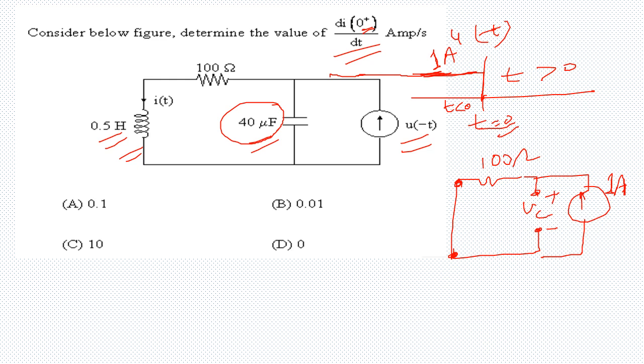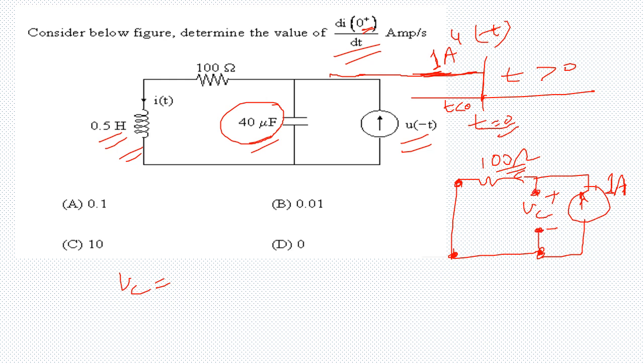Now we can calculate our VC, the voltage across the capacitor. This current source will deliver current across this 100 ohm resistor, so the voltage drop is going to be 100 into 1, and that same voltage appears across the capacitor.